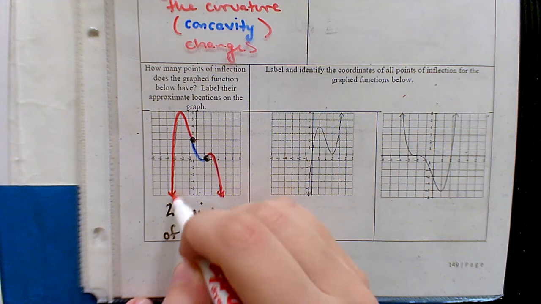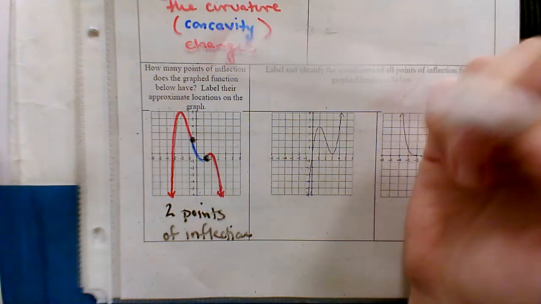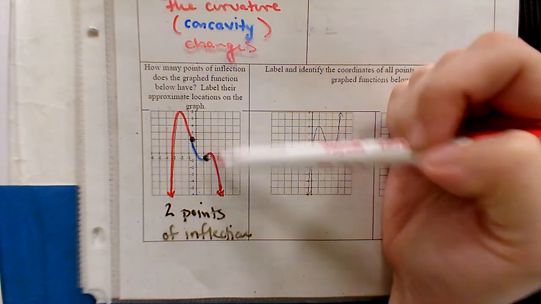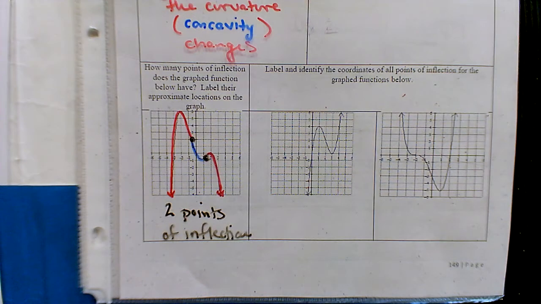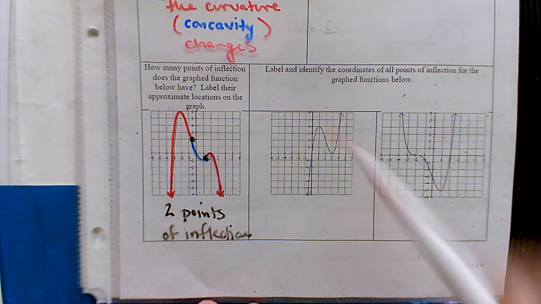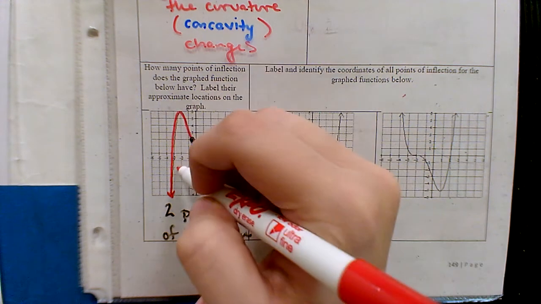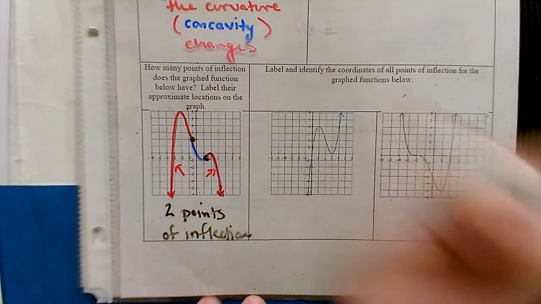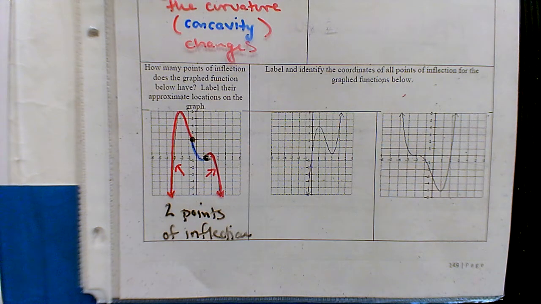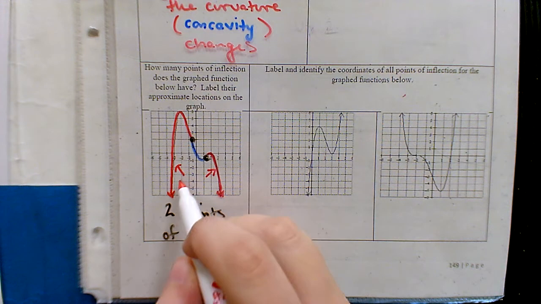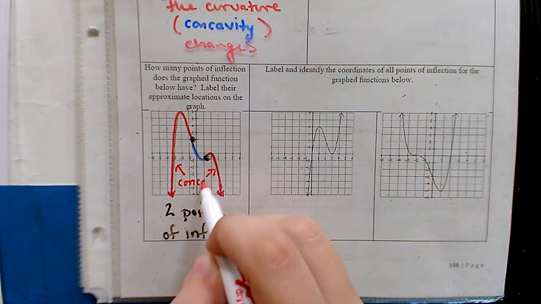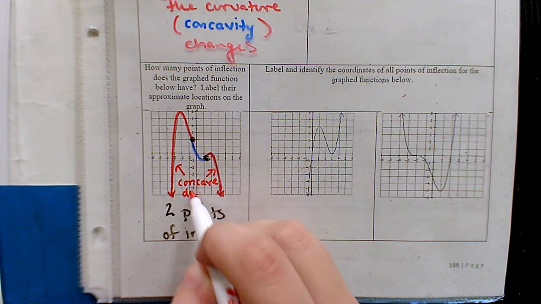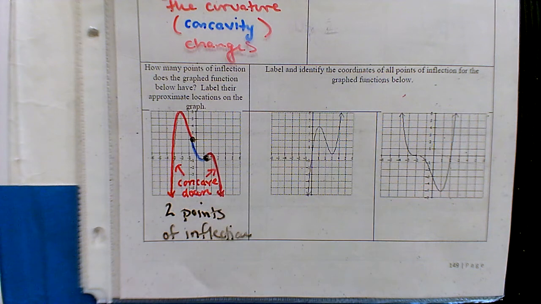All right, we're going to be a little bit more specific with this too. My little red sections here are where the graph looks like an upside down parabola. That's commonly referred to as concave down. Okay, the curvature of the graph is kind of pointing downward. So we'll label those as concave down sections.